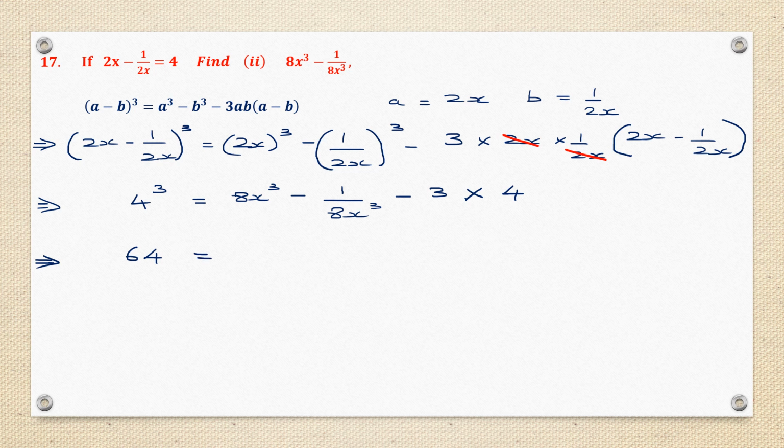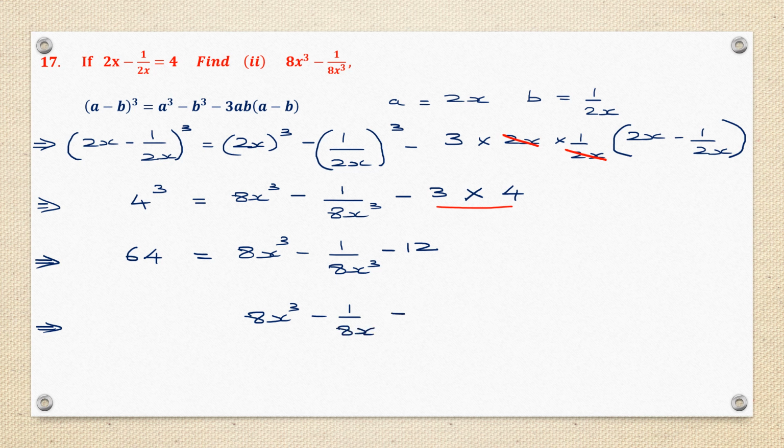Now here, if you can see, 8x cube minus 1 by 8x cube. This is what we are asked to find. So this we will leave as it is. 8x cube minus 1 by 8x cube. Now here let's work this out. Minus 3 into 4 is minus 12. 3 4s are 12. Now this is what we need to find out. So we're going to just leave it as it is. That is 8x cube minus 1 by 8x cube.